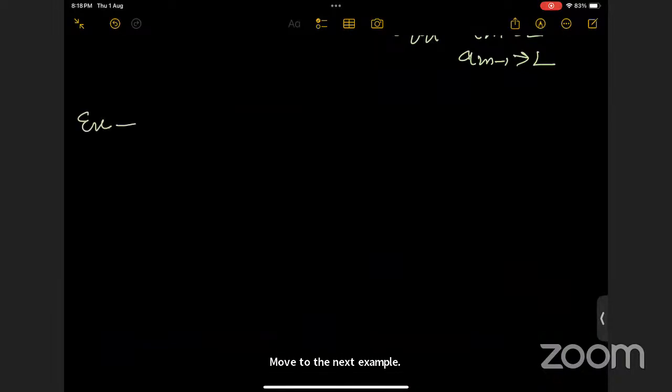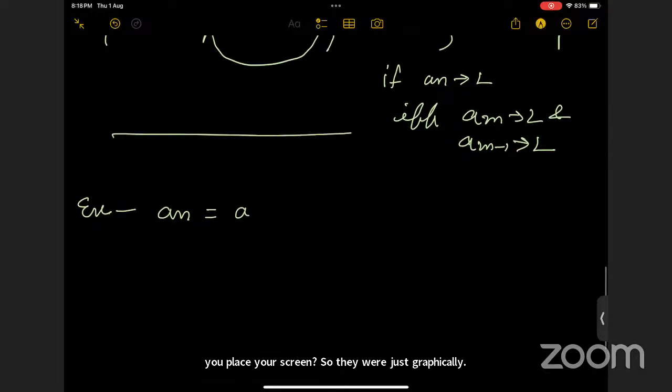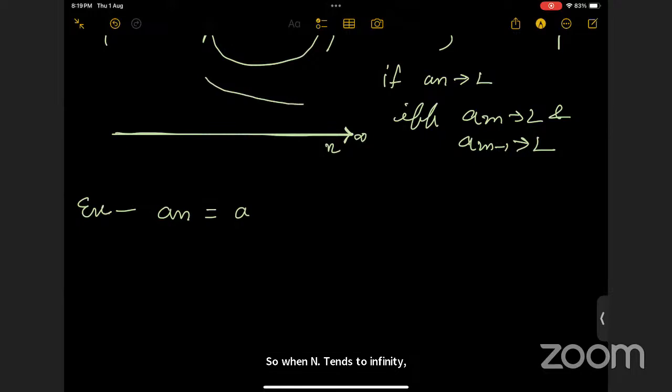Can you please explain the convergence and divergence graphically? How do we do it? Suppose this is the axis for our n, and when n tends to infinity, suppose this is our sequence. This is the natural number set. So when n tends to infinity, the graph will be tending to some real number.